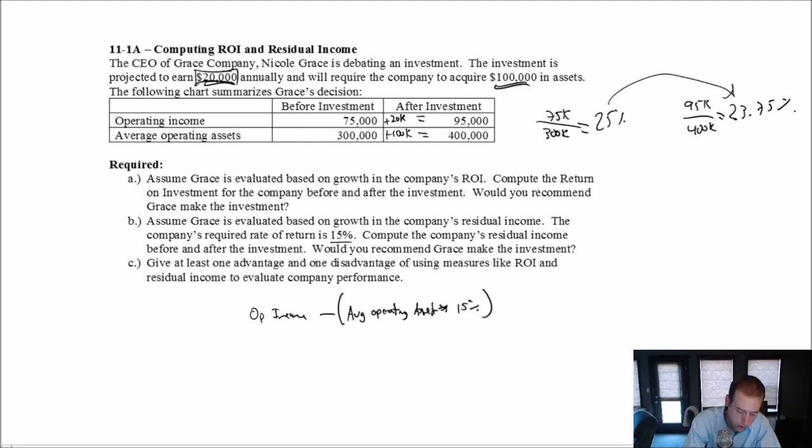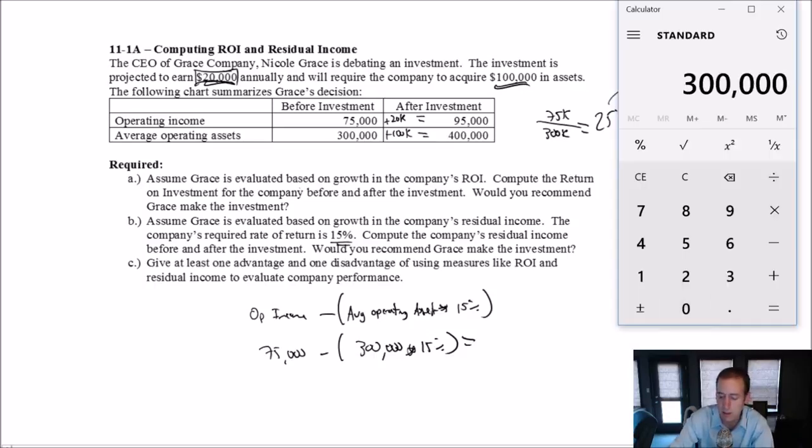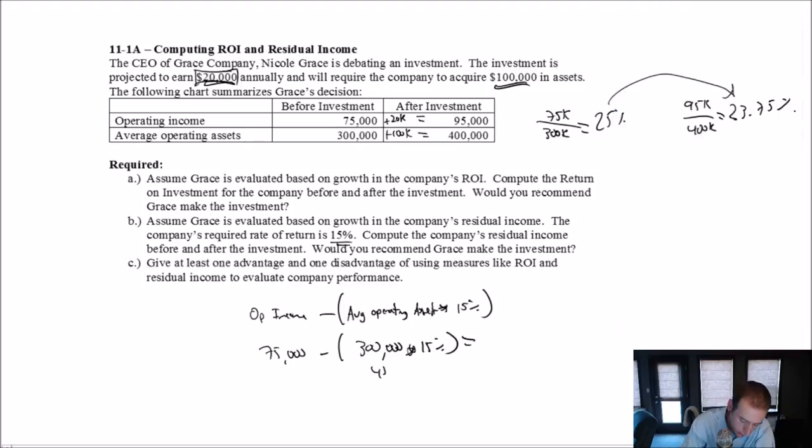That's just the one for this company. It might be different for different companies. So the operating income, 75,000, minus the average operating assets, 300,000, times 15%. 300,000 times 15% is 45 grand. So 75 grand minus 45 grand is 30 grand.